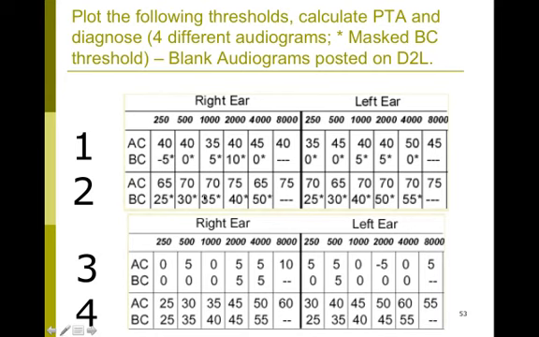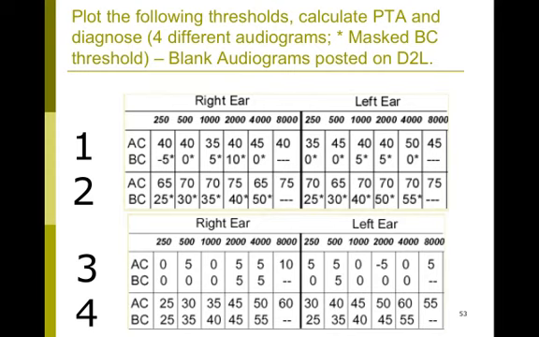We have three more patients with different types of hearing loss and thresholds. I'm going to be posting a blank audiogram on D2L, so I suggest you practice using that. I'll also create a discussion thread on the discussion board so we can compare your diagnosis for each of those audiograms.